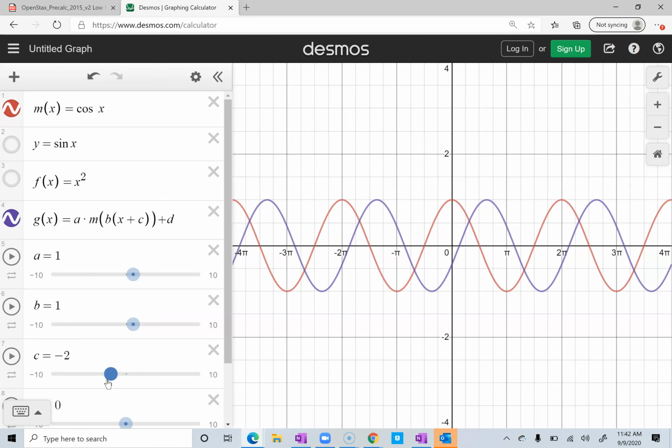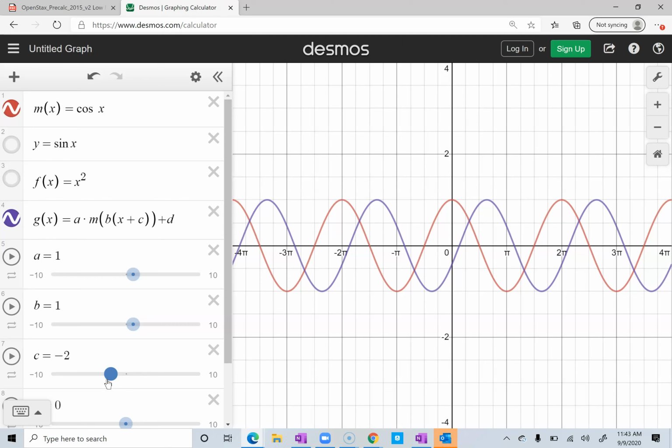A, B, C, and D have words associated with them, and it often depends on the real-world context we're dealing with. In the mathematical context, A we call the amplitude. It's the multiplier. When we're talking about music or sound, it's the volume. Turning up the volume on your speaker is the equivalent of increasing A.